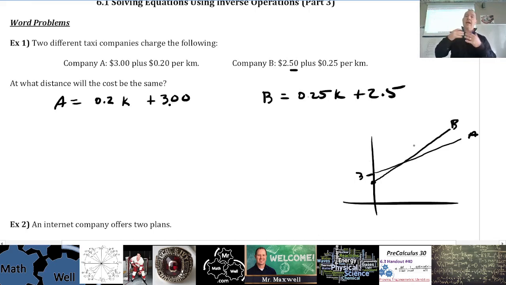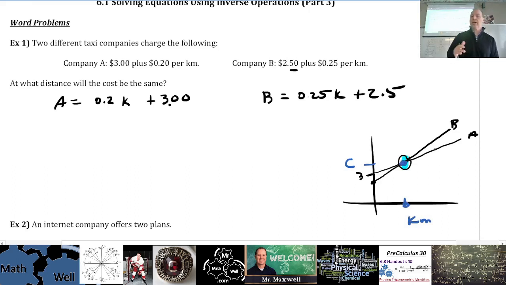I like to visualize things graphically. You can see that there's going to be some point where these straight lines intersect each other. And this question says, at what distance will the cost be the same? So graphically, we can see there's a place where the total cost is the same. At some kilometer distance, they're going to be charging the exact same amount.